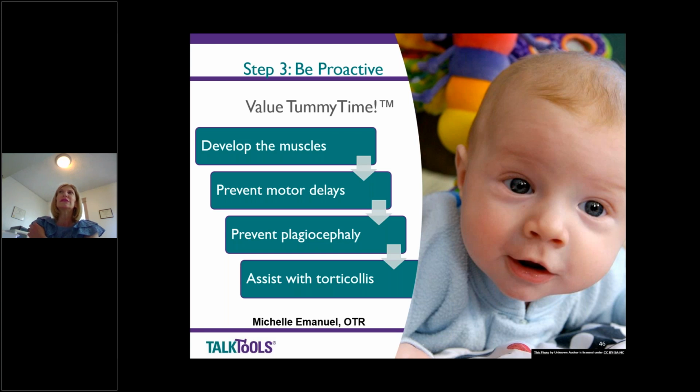Now, there are some different theories on this. Lately, I've been talking to a local PT that I work with a lot that does a lot of the Mendelssohn approach for PT, and talking about the use of tummy time being very important, but to be looking at other factors as well. For example, if a baby's really weak on one side, there are other areas of PT that are needed, just not tummy time alone.